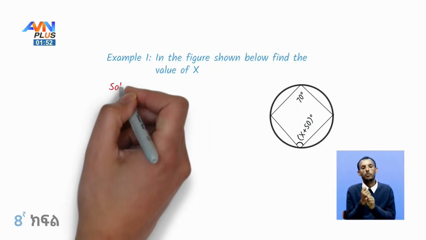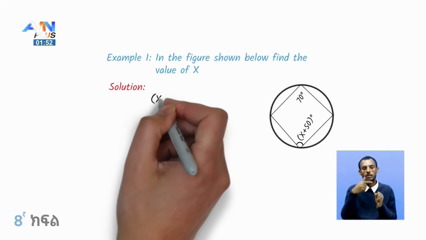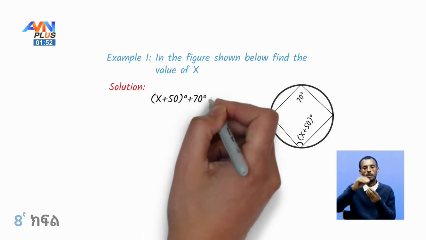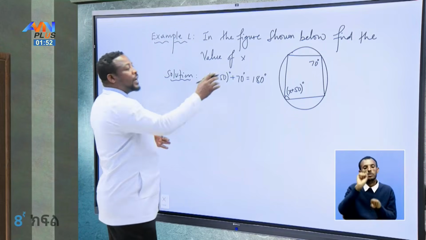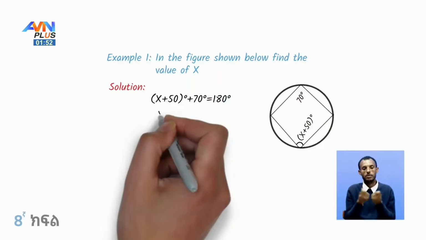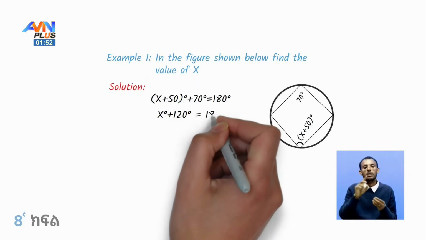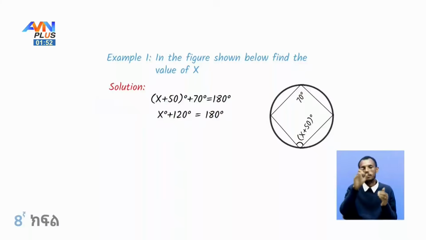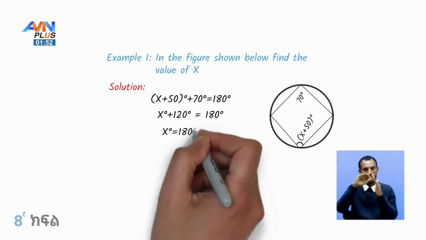So here we can say x plus 50 degrees plus 70 degrees must be 180 degrees, right? Collecting like terms, this becomes x degrees plus 120 degrees is equal to 180 degrees. Now x becomes 180 degrees minus 120 degrees.